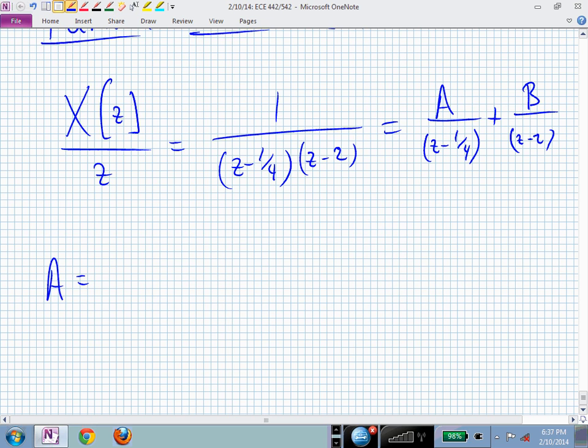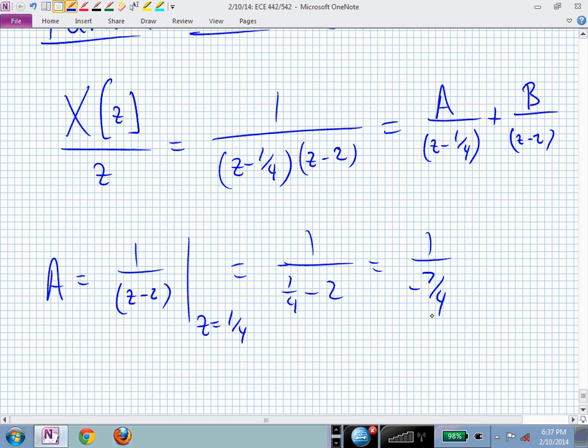So if we multiply the left-hand side by z minus 1/4, we end up with 1 over z minus 2. Evaluating at z equal to 1/4, it's 1/4 minus 8/4, or 1 over minus 7/4, so a is minus 4/7.